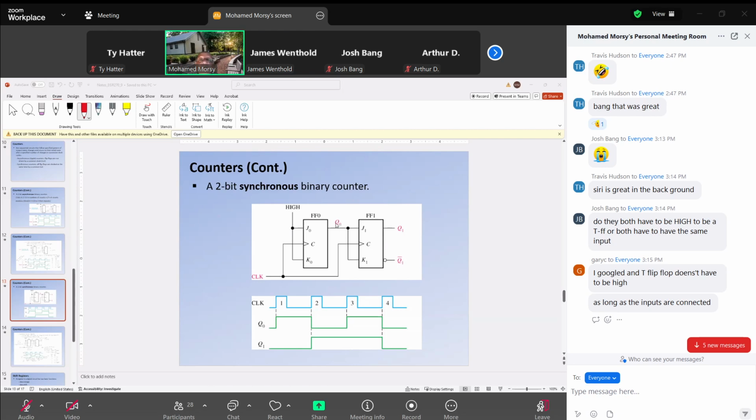But if it is 0, it works like a JK flip-flop with J and K equal to zero. In this case, what happens at the output? If J is 0 and K is 0, like S is 0 and R is 0, there is no change. Perfect.